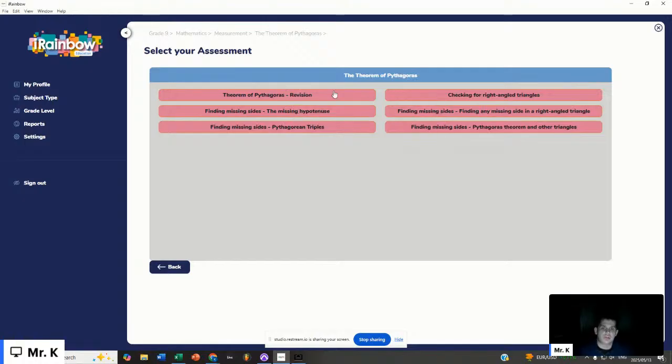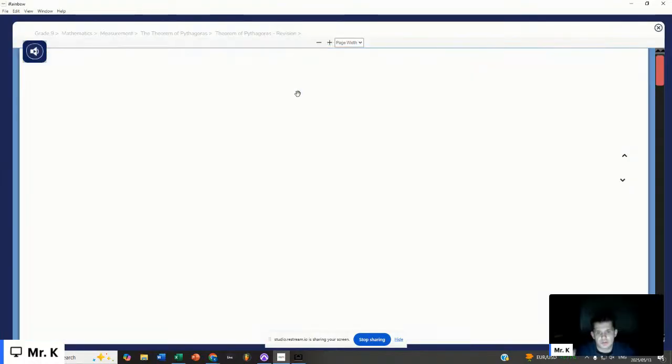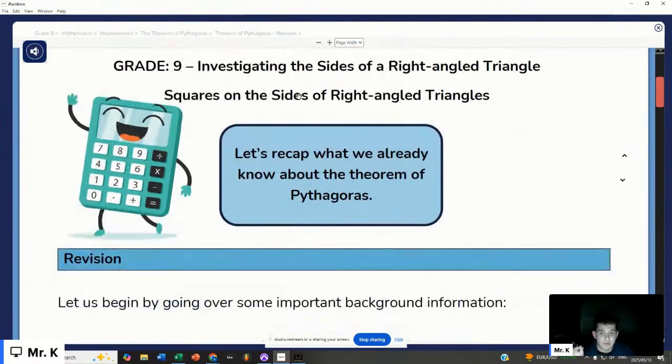And as you go through each one, you can see here that this is under the grade 9 section. Yet the very first quiz is called Theorem of Pythagoras Revision. Okay, that just sort of re-emphasizes the fact that this is something that you guys should have touched on briefly already.